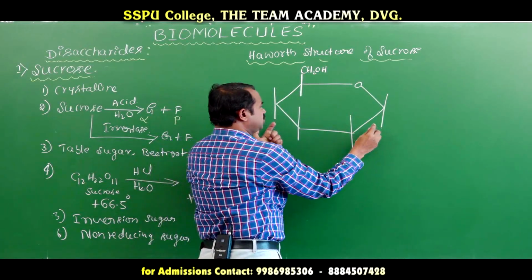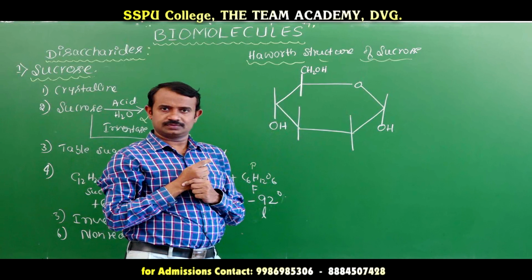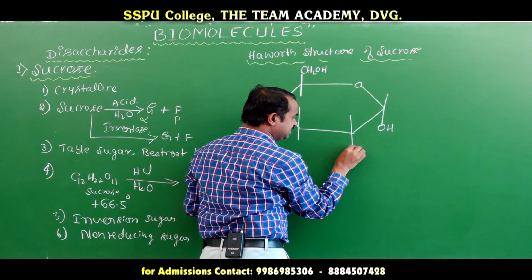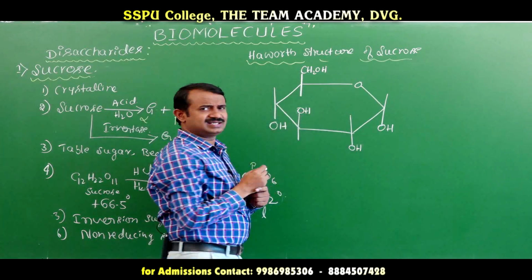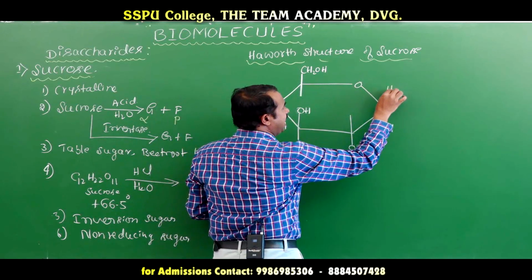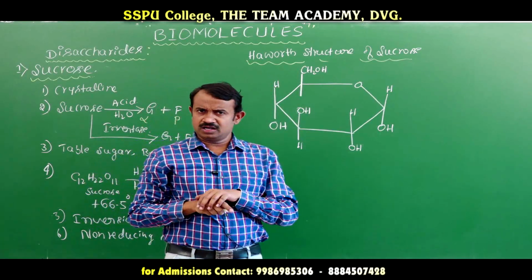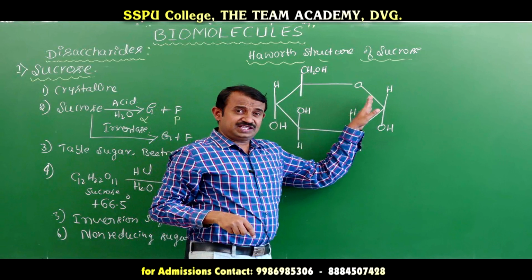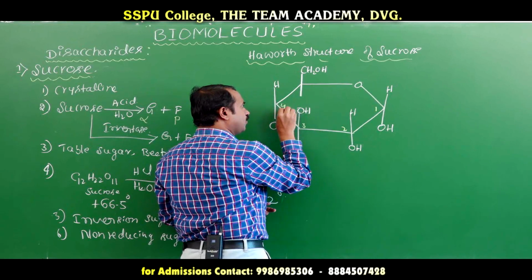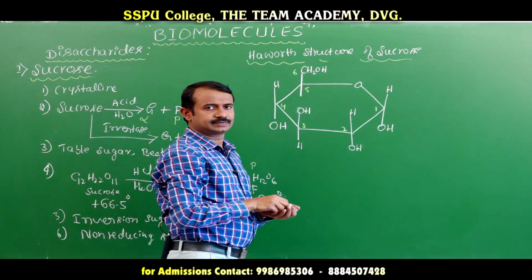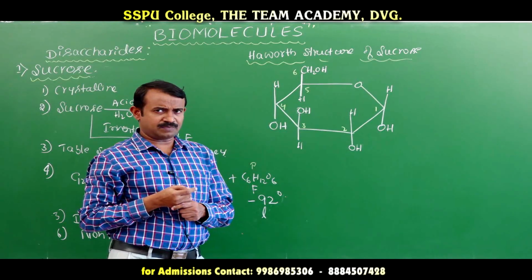Alpha glucose means OH, OH, OH, OH, one inside and another outside, and the opposite is H, H, H, H. This is alpha glucose. The numbering is 1, 2, 3, 4, 5, 6. In total there are 6 carbons.